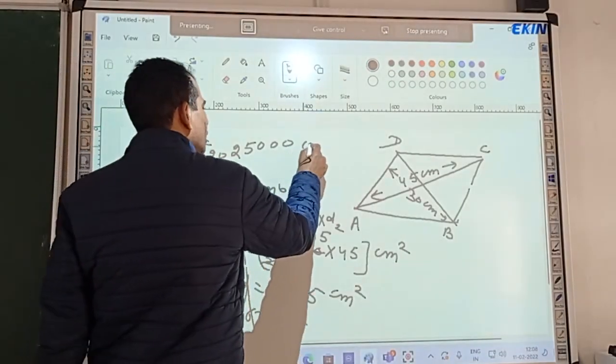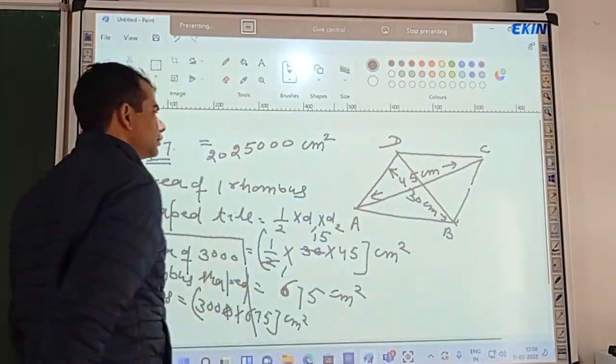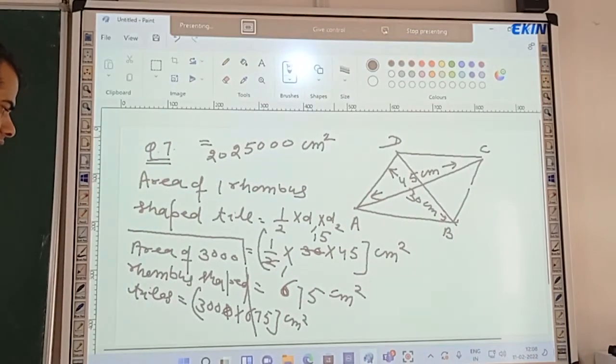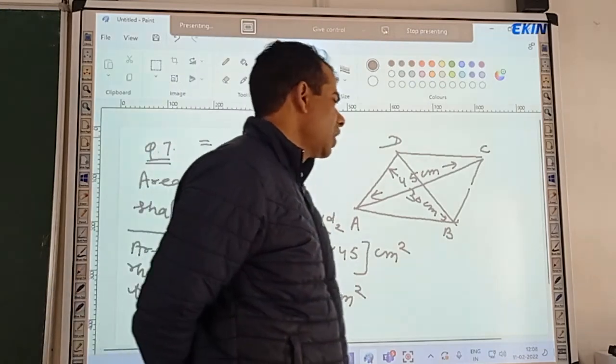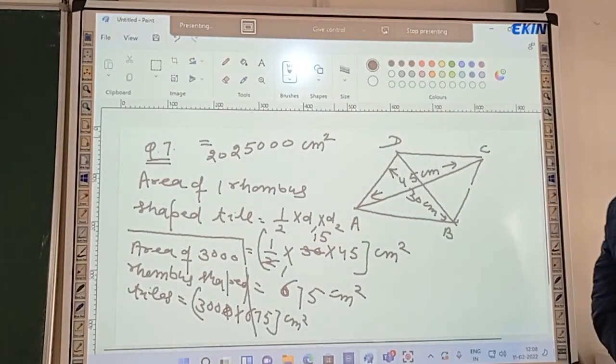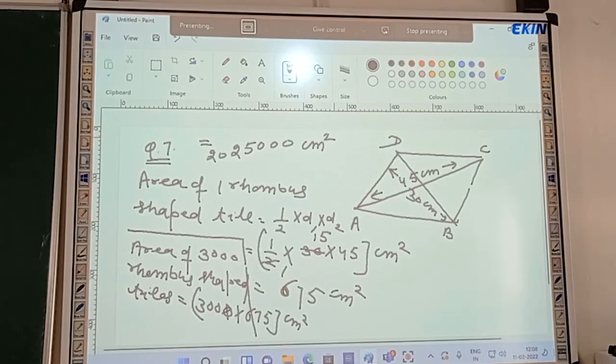Am I right or wrong? Yes, sir. Now the area is given. We have to find out the cost. Find the total cost of polishing the floor if the cost per meter square is rupees 4.